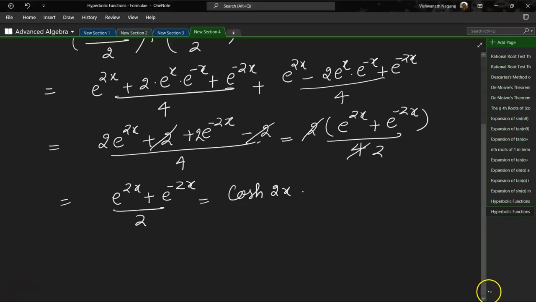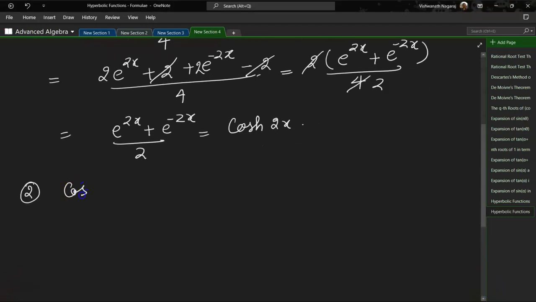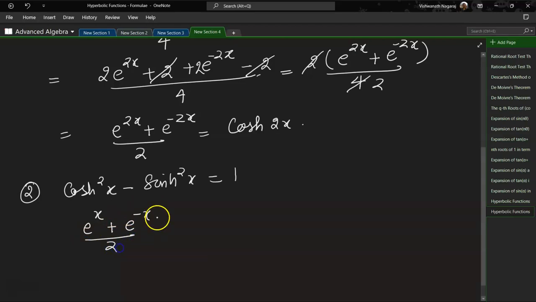Now let's look at the second one, cosh square x minus hyperbolic sine square x equal to 1. Okay, let's take the left hand side. Again, we know e to the power of x plus e to the power of minus x by 2 square minus e to the power of x minus e to the power of minus x by 2 square.